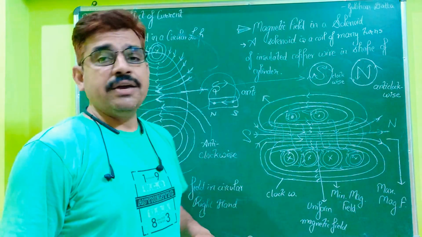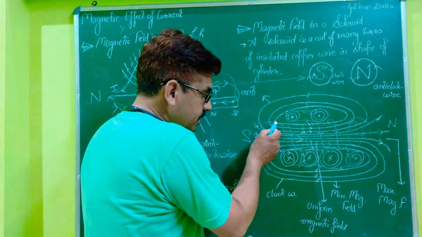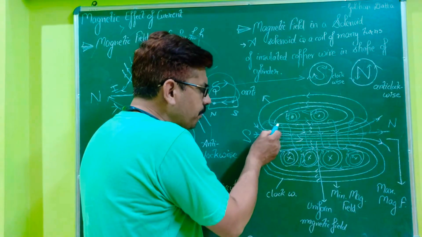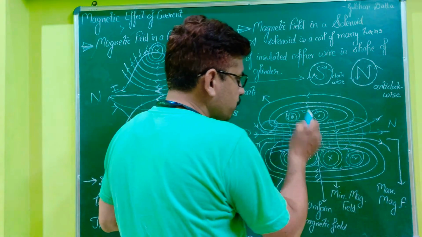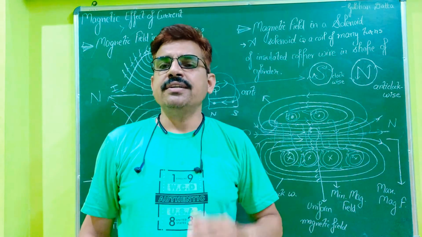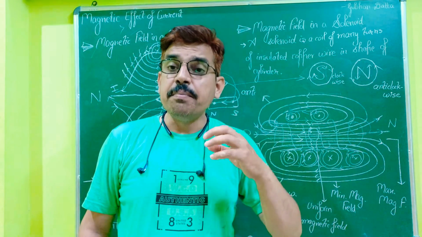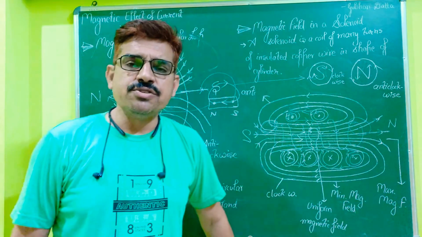One more thing I want to discuss with you: if we see this part, here the magnetic field lines are somewhat far apart, दूर है थोड़ी सी, and in this part the magnetic field lines are very close to each other. So it means that at the end of the solenoid, the strength of the magnetic field is somewhat less as compared to the magnetic field at the center of the solenoid.